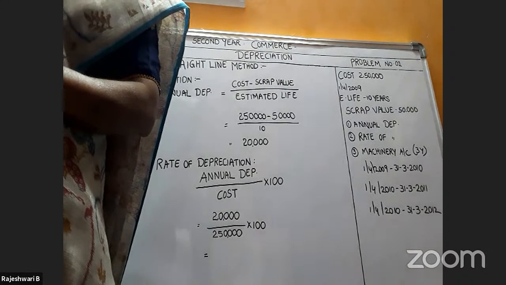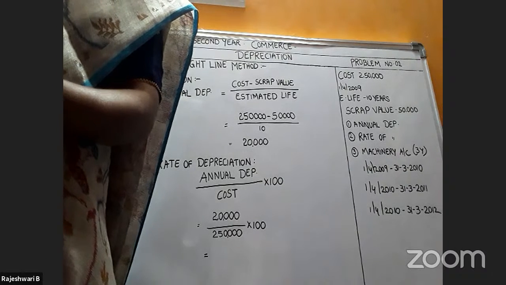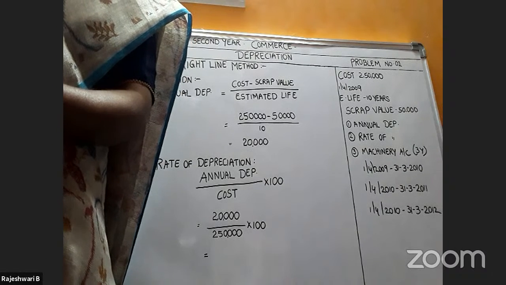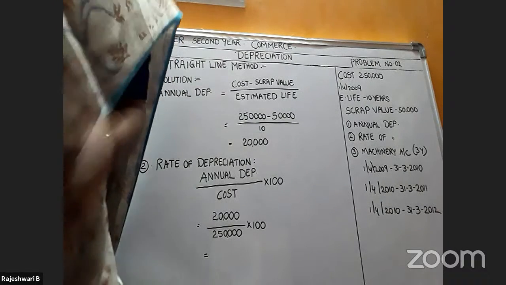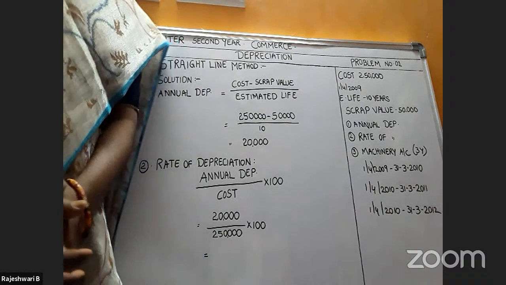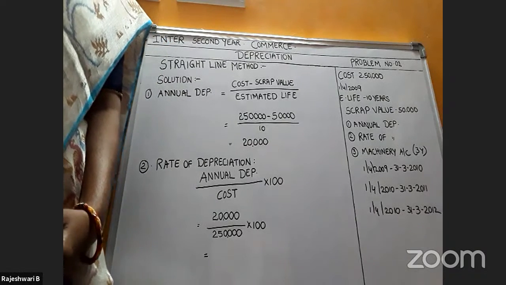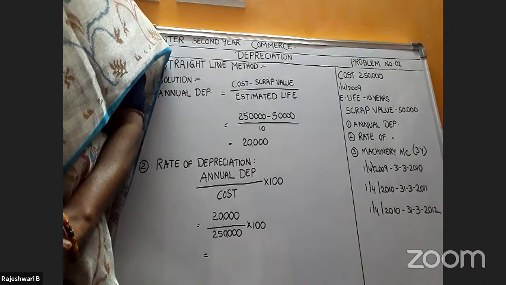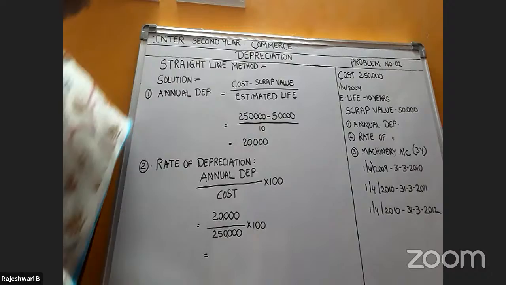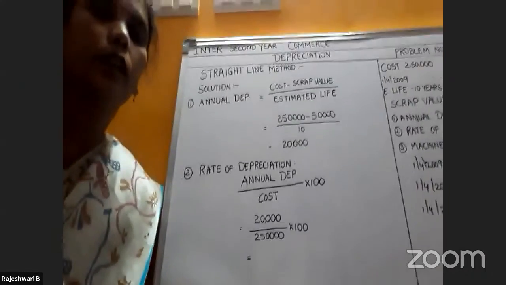Calculate the annual depreciation and rate of depreciation, assuming that the accounts are closed on 31st March every year. There are two ways we consider the accounting year: calendar year and financial year. The calendar year starts from January to December 31st.